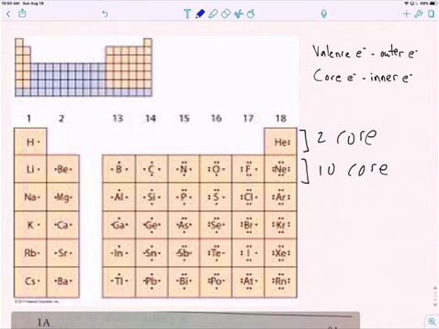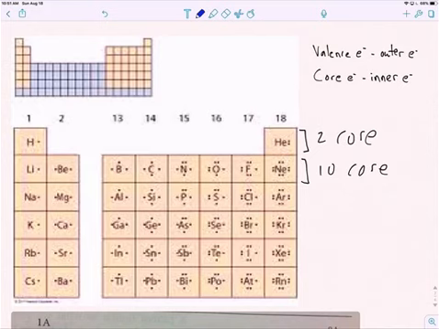Listed here are the electron dot structures, the Lewis theory. We'll talk about it more next chapter. But that's the difference between core and valence. Core is inner electrons, valence are outer electrons. And one of the reasons we organize the periodic table the way we do is because of the same valence electronic structure.